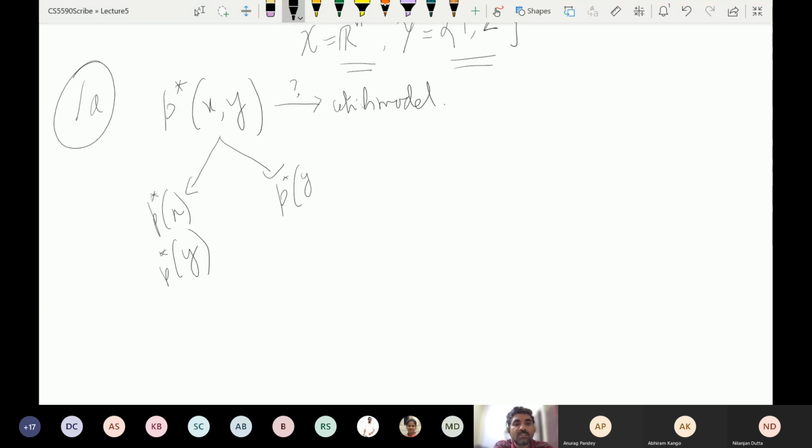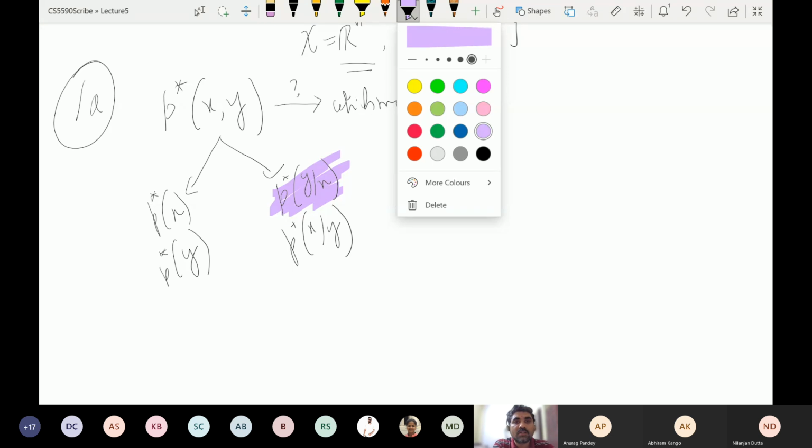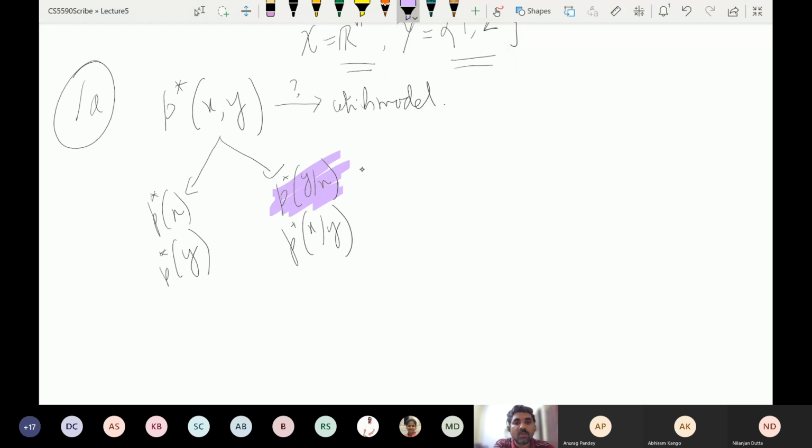Similarly, there are 2 conditionals, the posterior and the class conditional. If you model the posterior, it's called discriminative modeling.